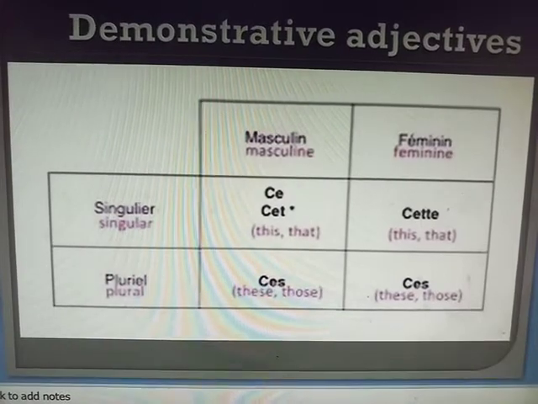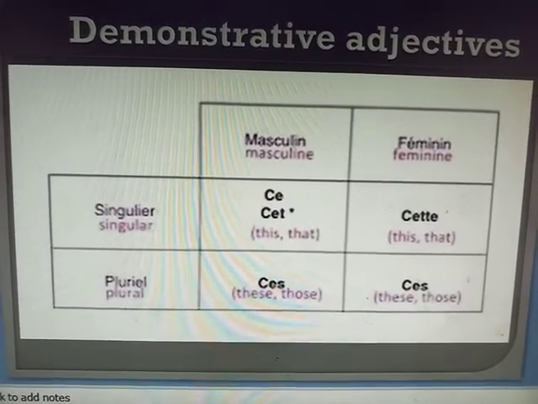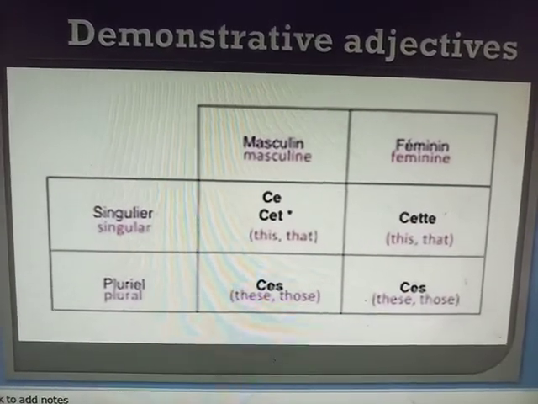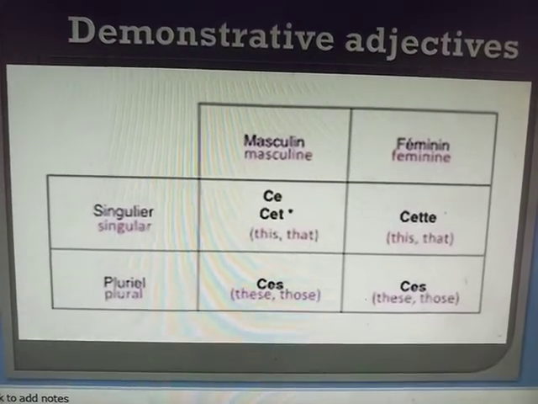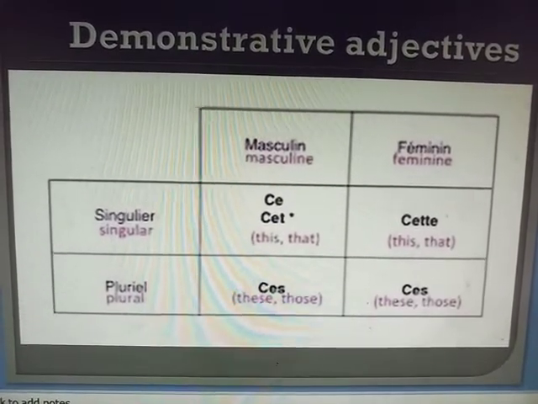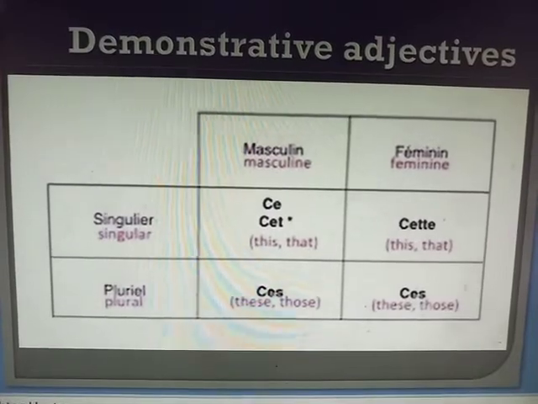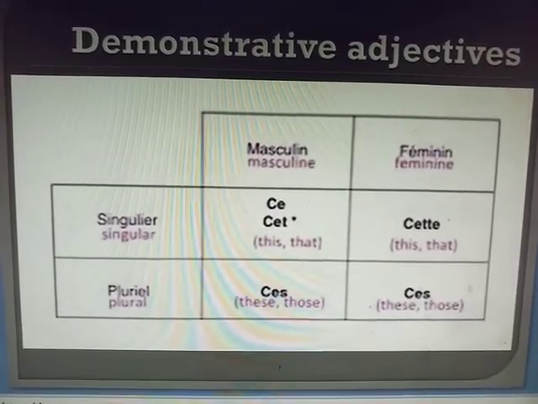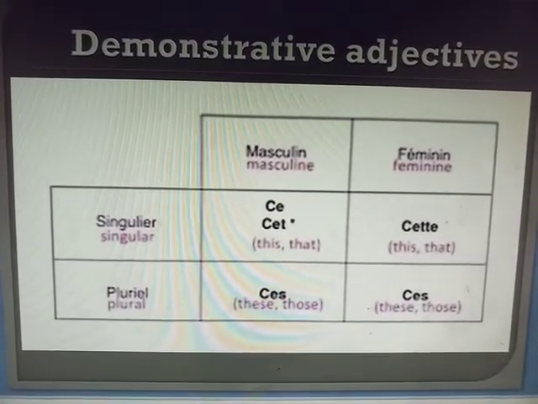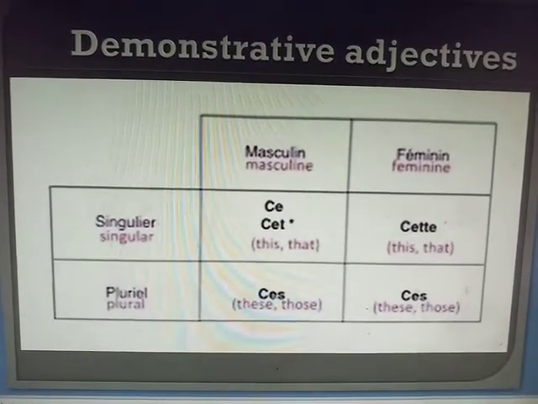If the noun is feminine singular, cette, and if it's plural, it's ces. The plural in the case of both masculine and feminine is ces. Ce, cette, and ces.